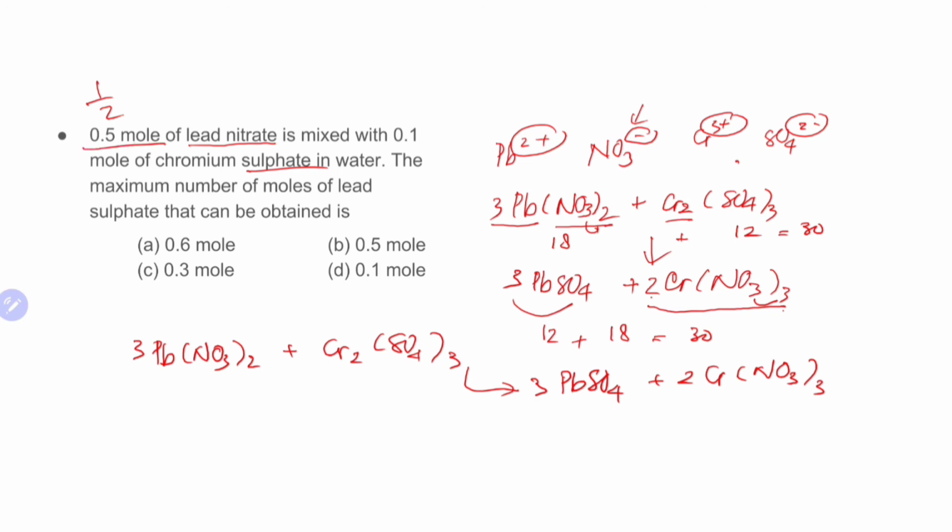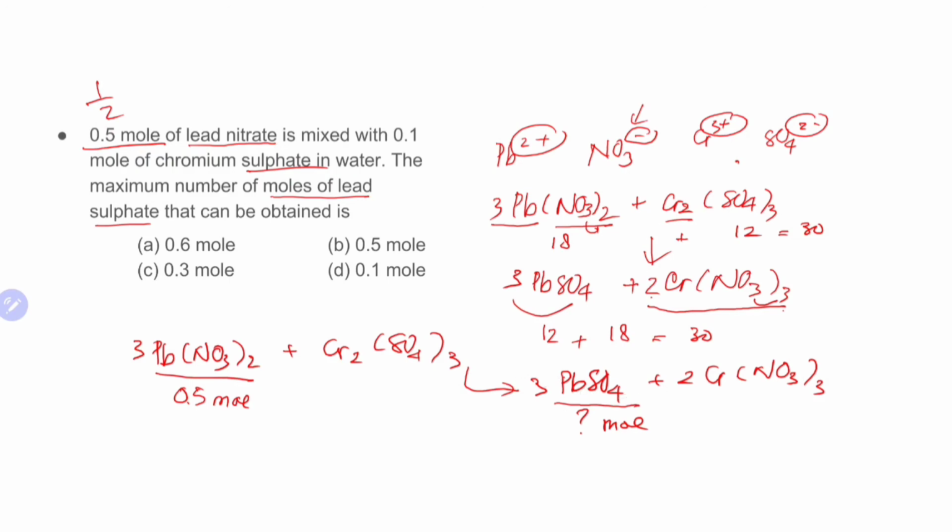Then we have the data. Half a mole of lead nitrate, this one is 0.5 mole. Then the question is the maximum number of moles of lead sulfate, this one. You compare. What is asked is the number of moles of PbSO4.